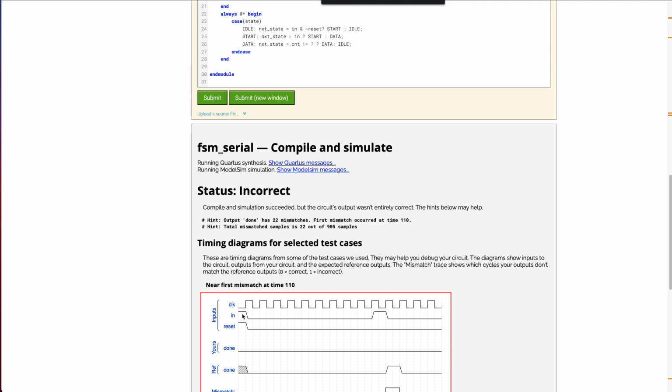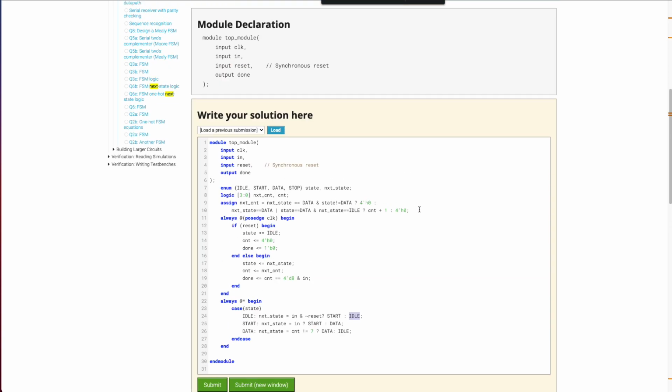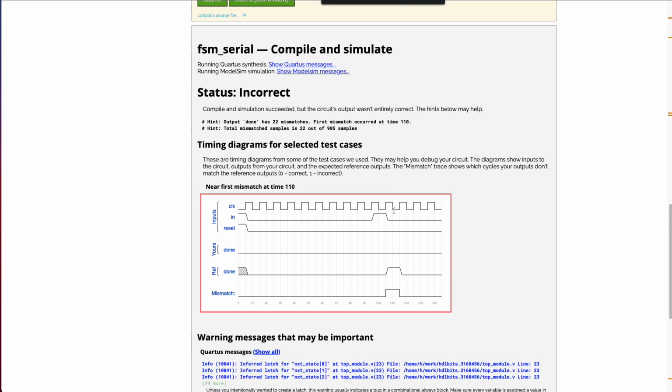So reset is clipping, ignore it, but apparently at reset equals 1, it should clip this to idle, or at least I thought. If it stays idle, then this should just output 0.